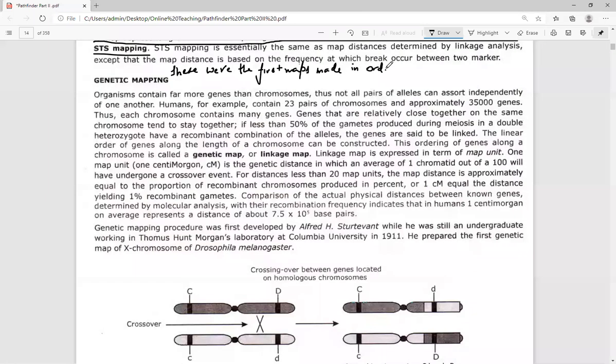These maps were made in order to determine the distance between the genes.